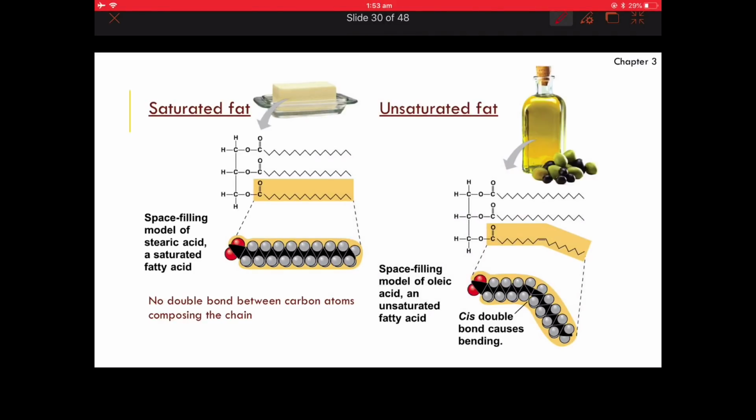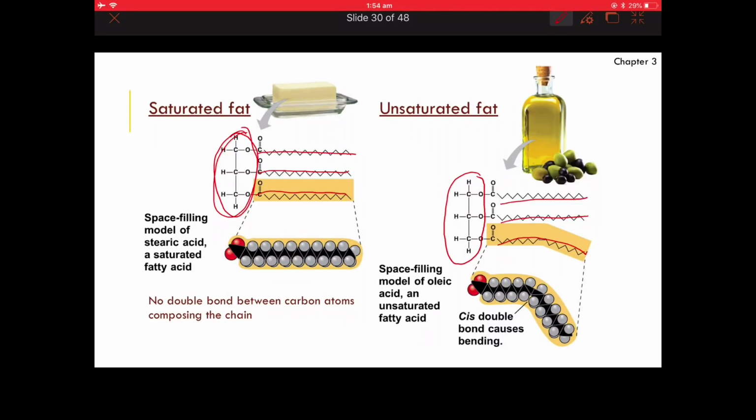The difference is in the fatty acids and not the glycerol. So this is the glycerol and these are the fatty acids 1, 2 and 3. The same thing on this image, that's a glycerol and these are 3 fatty acids.